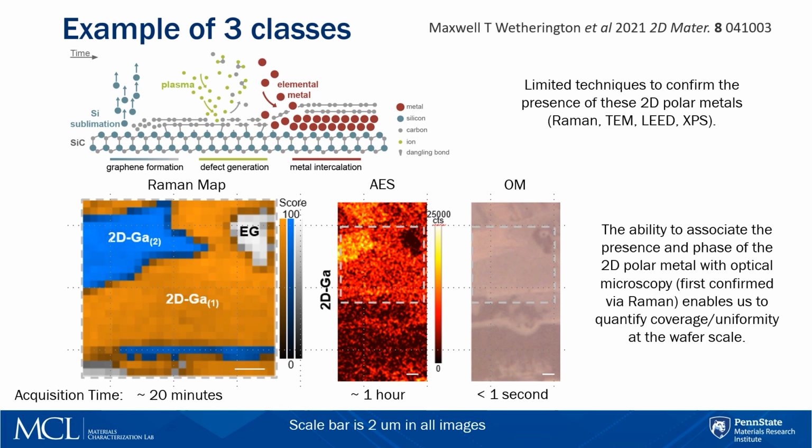We can characterize that and segment that data out with the WEKA segmentation tool, and it allows us to look over a much larger area of the substrate that we've grown and provide a more statistically meaningful quantification of the coverage and uniformity at wafer scale.